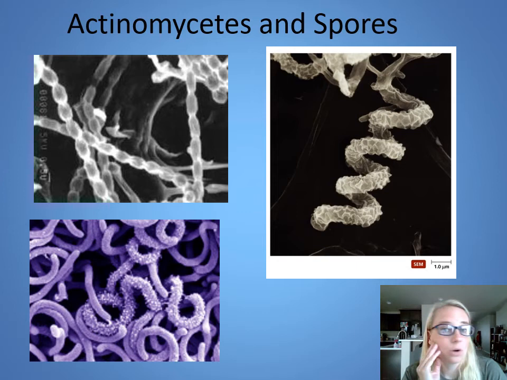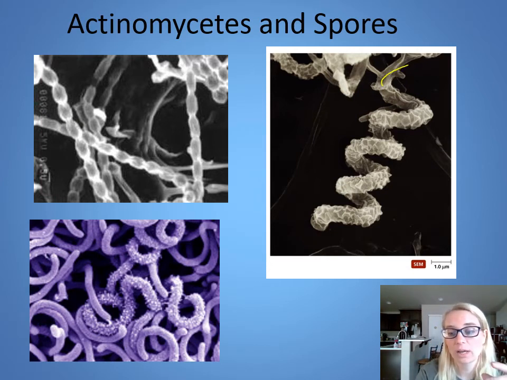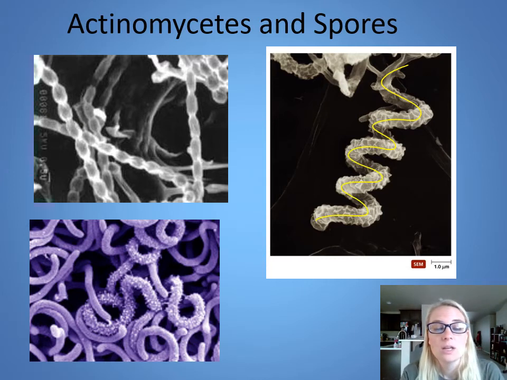Some bacteria don't do binary fission or snapping division. They produce reproductive spores. These are typical for bacteria that are filamentous. So instead of being a bacillus or a coccus or a spirillum or a spirochete, we didn't cover this, but there are some bacteria that are long and stringy, like a spiral, almost like a curly fry. They don't go through binary fission the normal way.